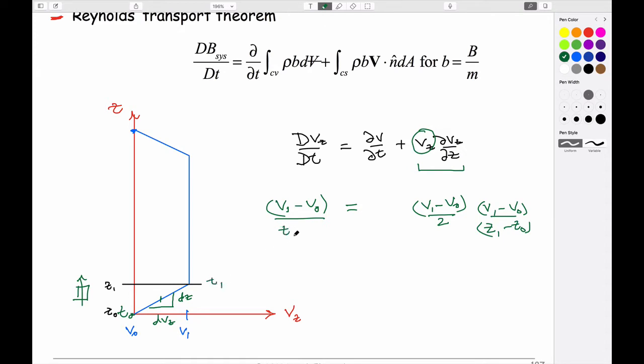So this would just be t1 minus t0. So these should be exactly the same as each other. This other term here is 0 because it's not changing with time. And that's all it is. It's nothing more than that.